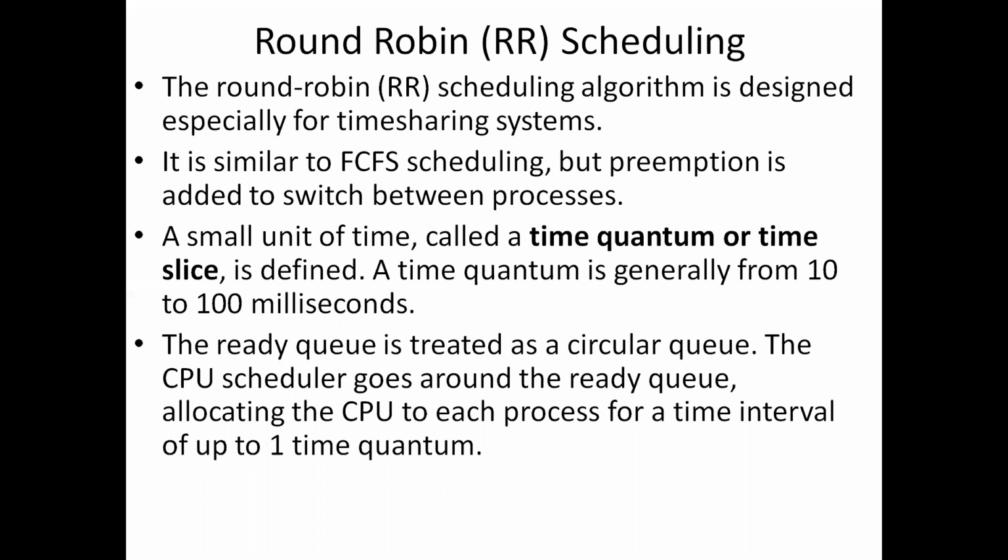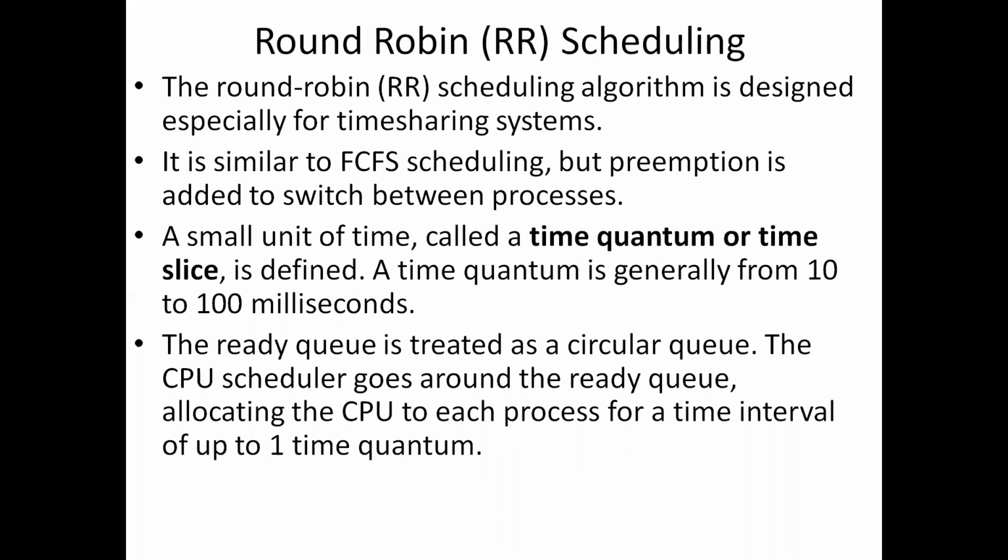A time quantum is generally from 10 to 100 milliseconds. Using this time quantum, the CPU will be switched from one process to another process. That is the difference between round robin scheduling and first come first serve scheduling.